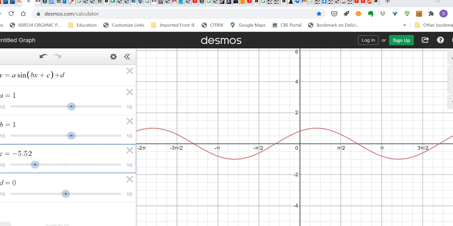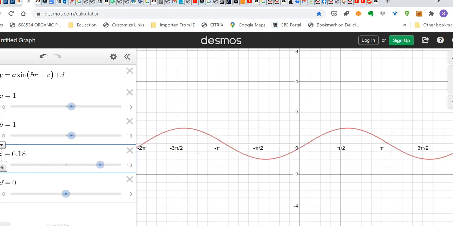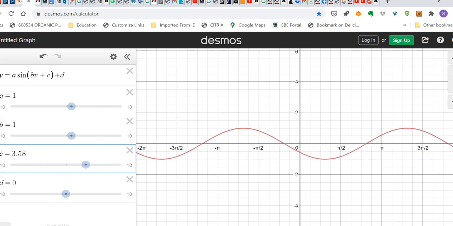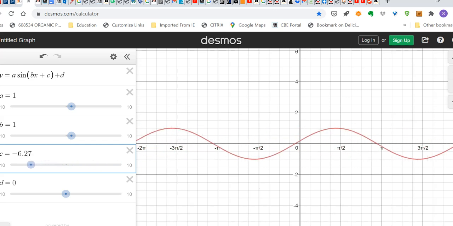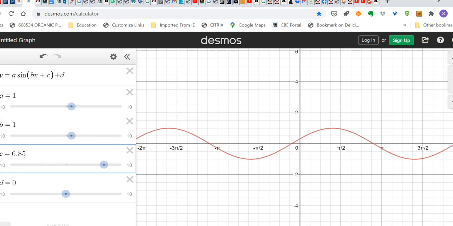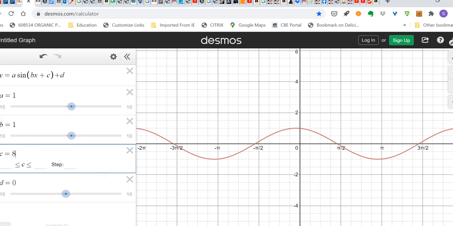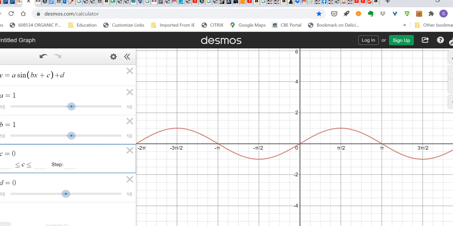C. I'm going to put C back to 0, so that there's no shift.